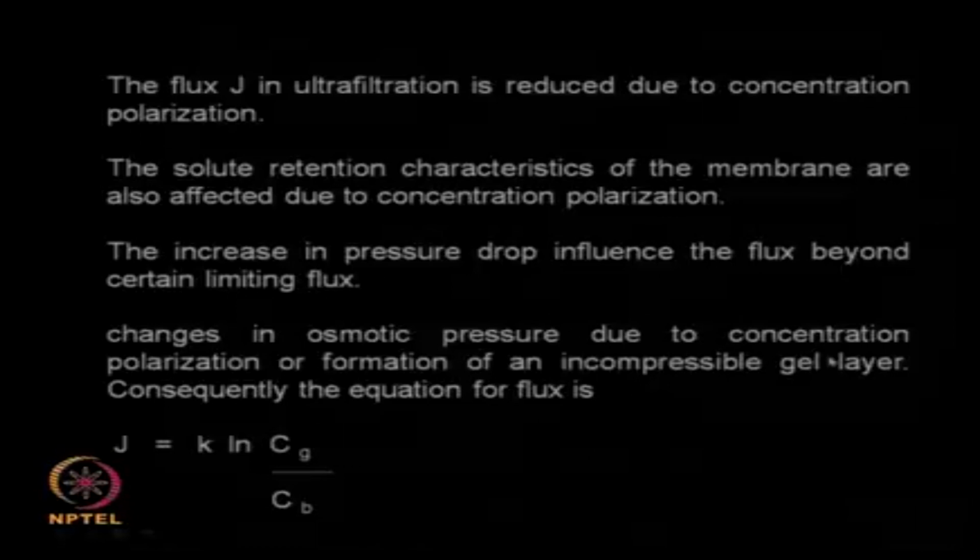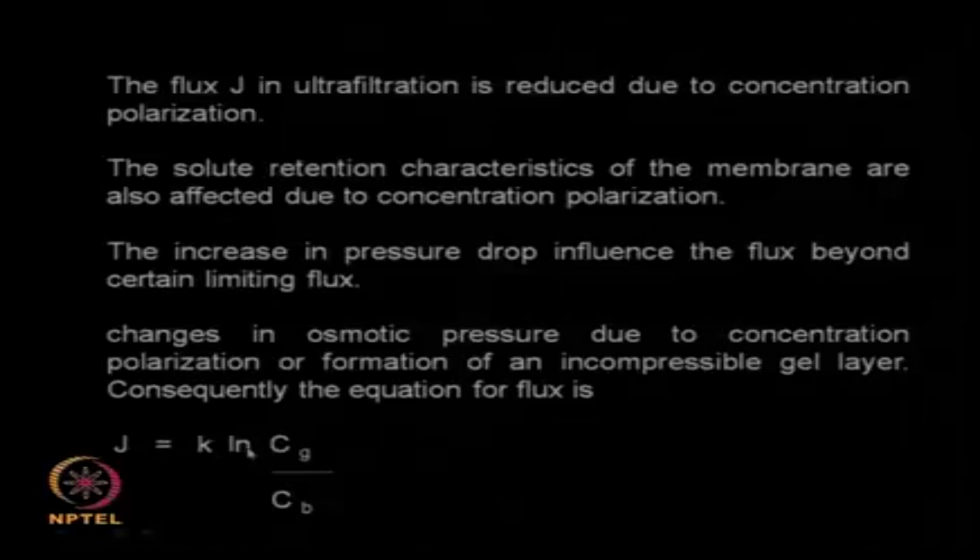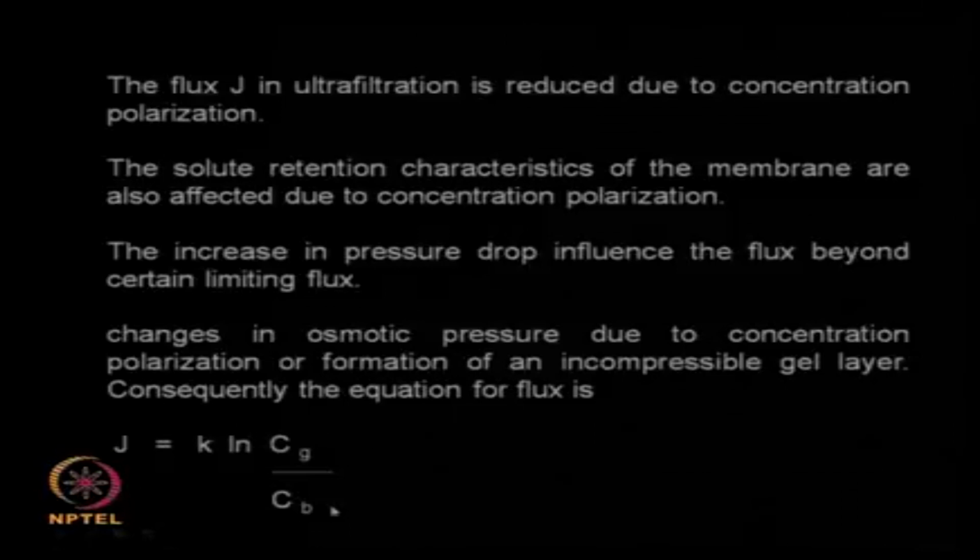So here also you are going to have an incompressible gel layer formed because of the concentration polarization, and if you remember, the concentration polarization equation is J equal to k log(Cg/Cb). Now k can be called a constant, or it is made up of a diffusion coefficient and a boundary layer and so on.